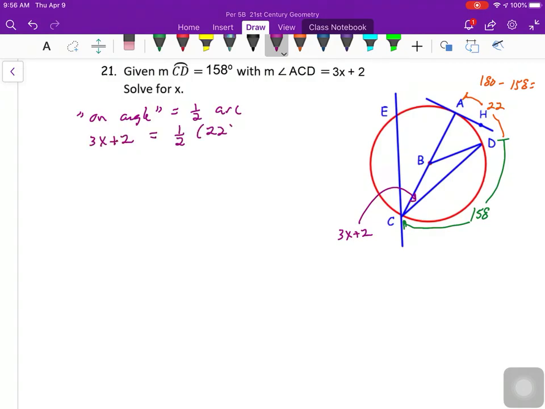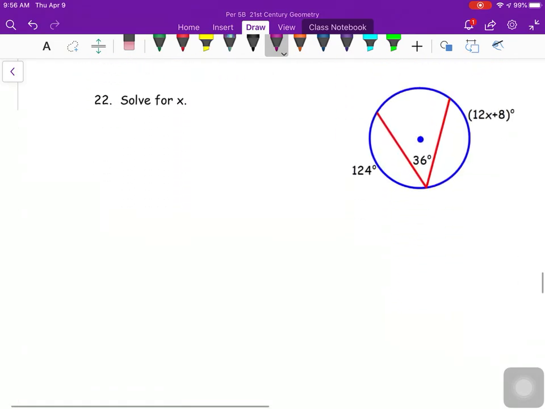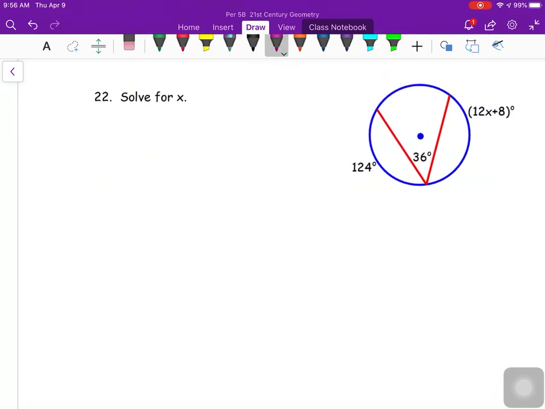An inscribed angle is equal to half of the arc. So that angle, that 3x plus 2, will be equal to 1/2 of the 22. The 3x plus 2 then will be equal to 11. 3x will be equal to 9. X will be equal to 3.